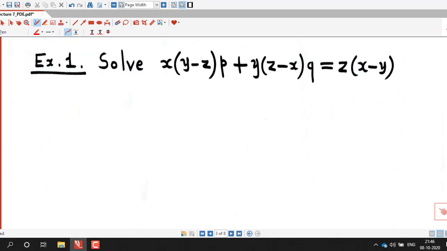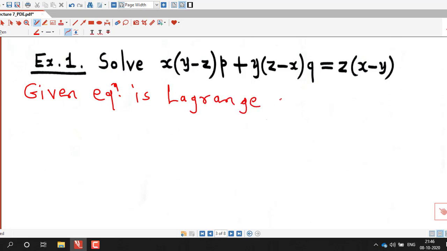You can see this is a Lagrange linear quasi-linear equation. As usual, we have to start with the Lagrange auxiliary equations.